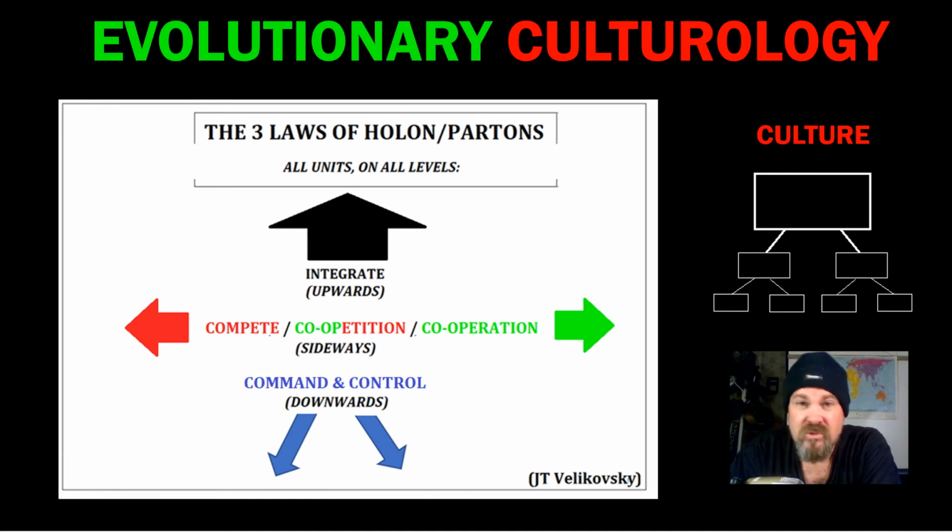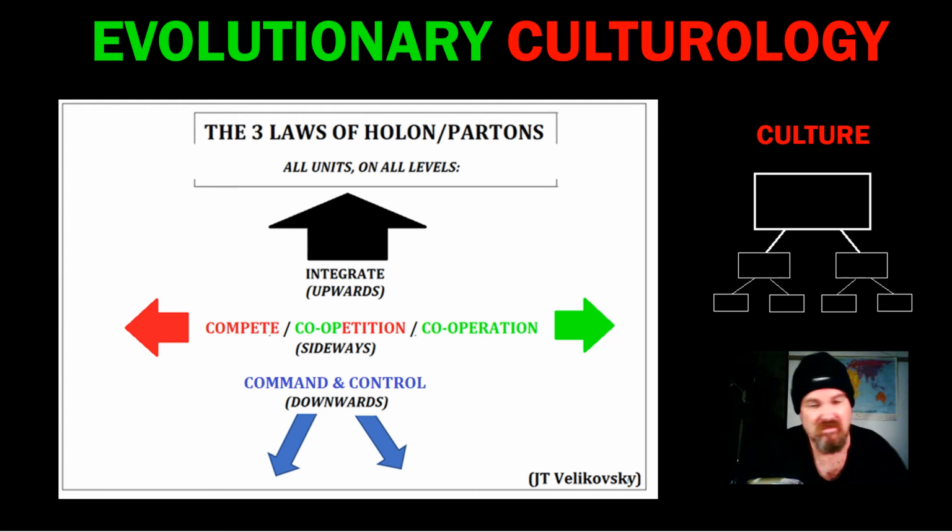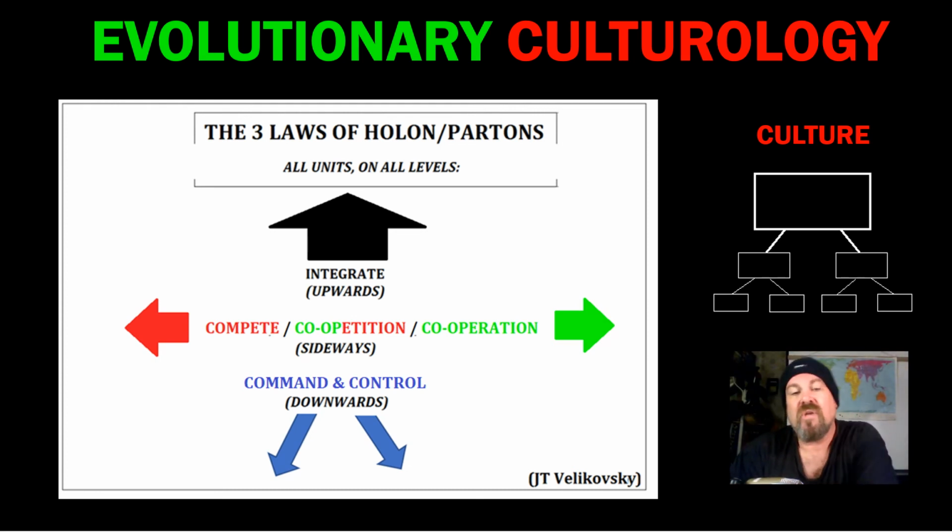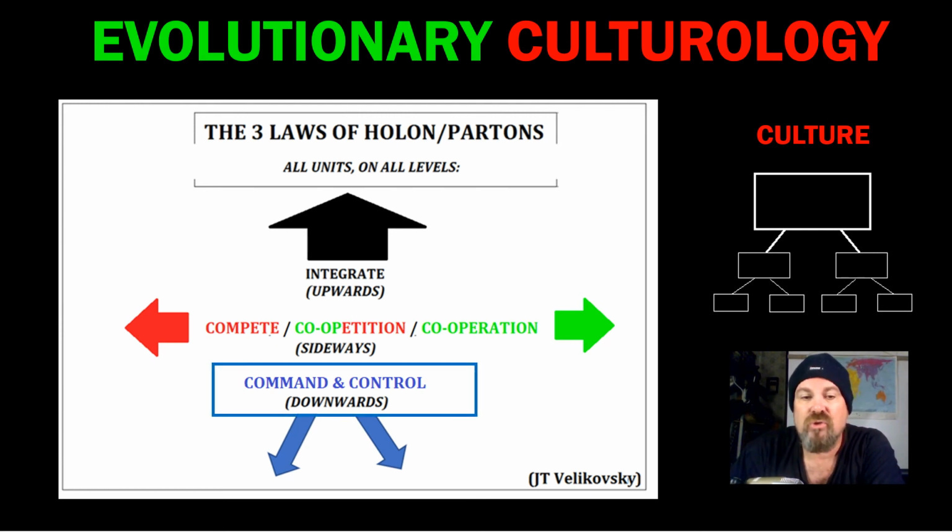And over in culture, where we have inanimate objects like books and things that don't really have agency per se, you can call it command and control, because there are rules on the level above, rules of grammar and syntax, that kind of guide or direct what those units on the levels below are doing, whether they're words or letters or what have you, depending on the scale level you're looking at for units and levels of culture.